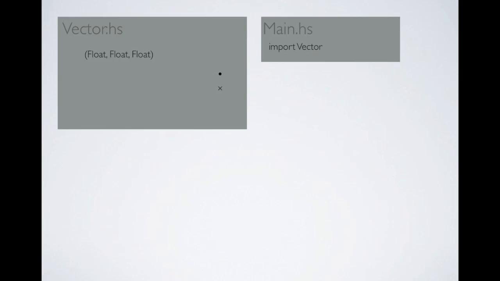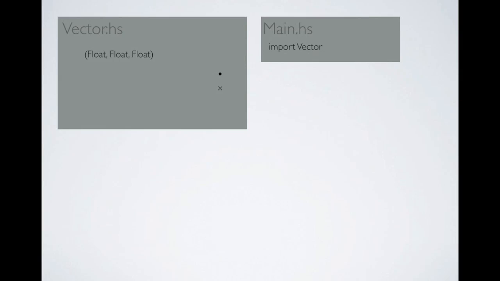Okay, so let's think about this. Right now we have two files. We have one file called main.hs and another file called vector.hs. The main.hs assumes that you have a vector that is given by a 3 tuple with 3 floats in it, and given these, you are going to provide 2 functions, the dot operator and the cross operator.